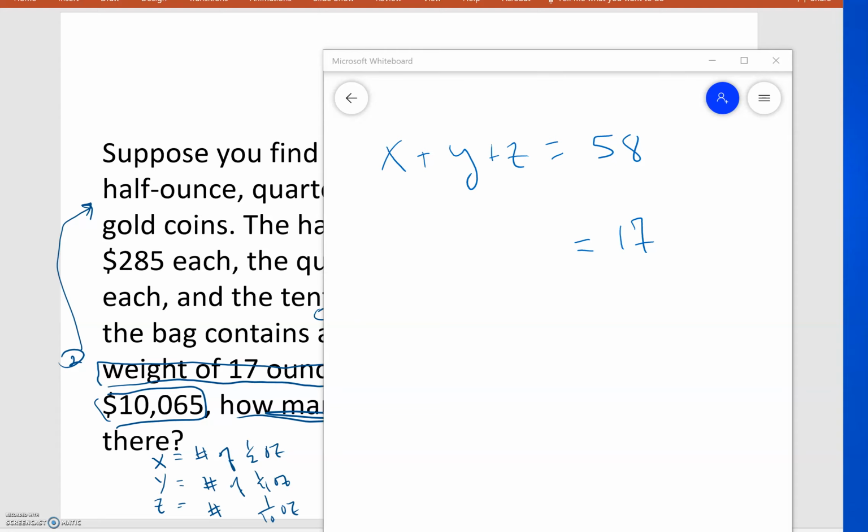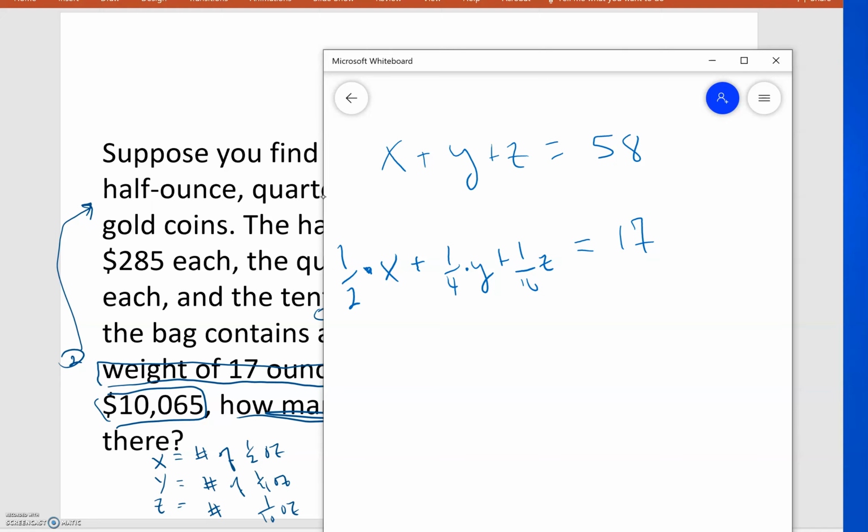So each half ounce coin weighs a half an ounce, but there are x of them. Okay, and to that we'll add the weight of each quarter ounce times the y of them that there are, plus the weight of each tenth ounce coin times the number z, and that'll be our weight equation.